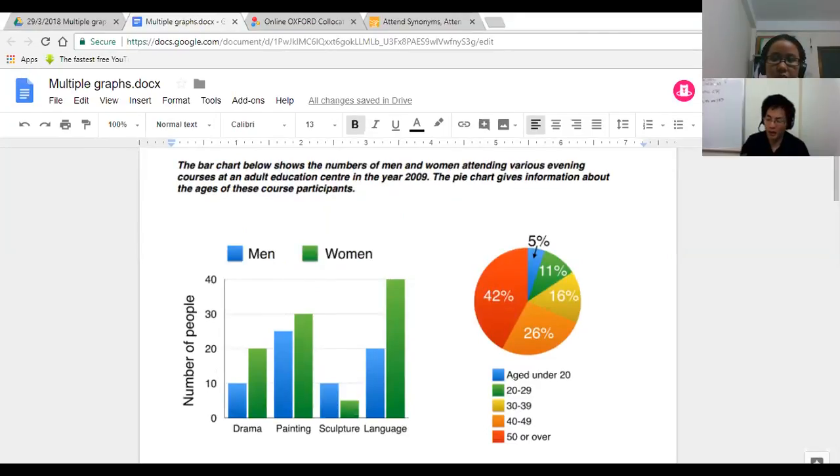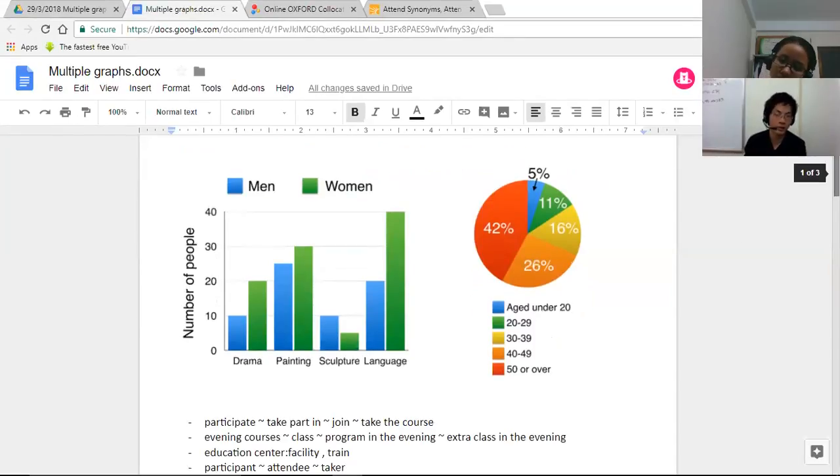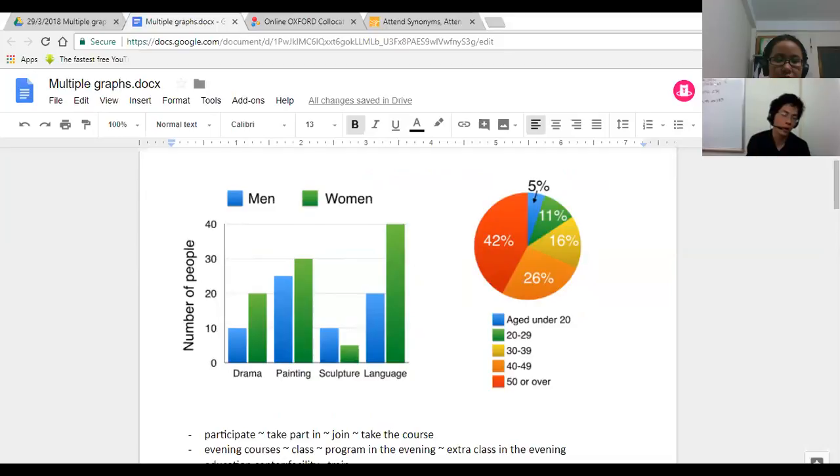In my opinion, just one point for each chart and that's it, nothing more. So in the end we have two sentences, one for the bar chart and one for the pie chart, and that's it. Yes, that is the correct approach.